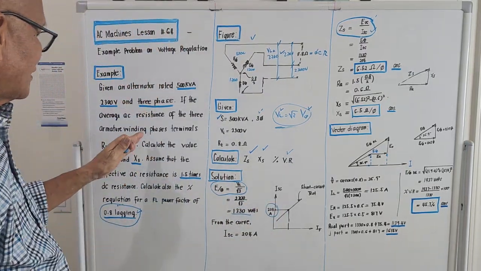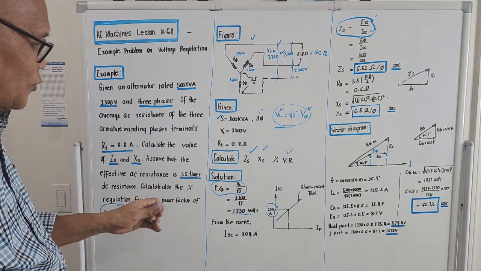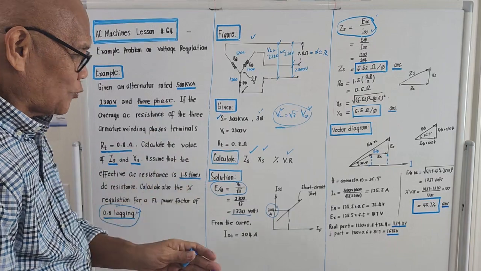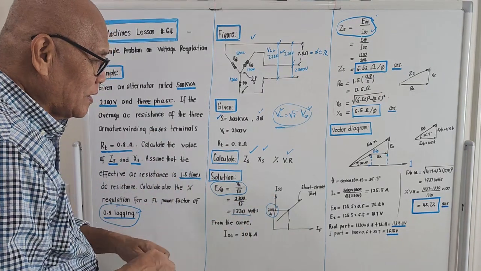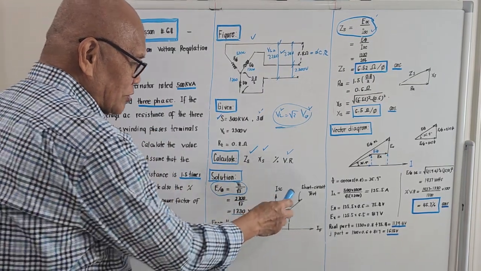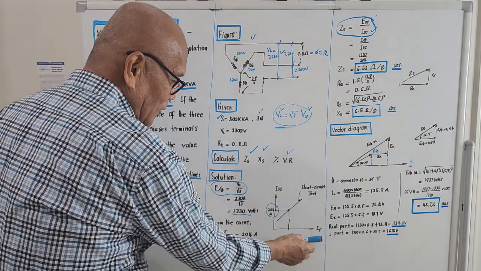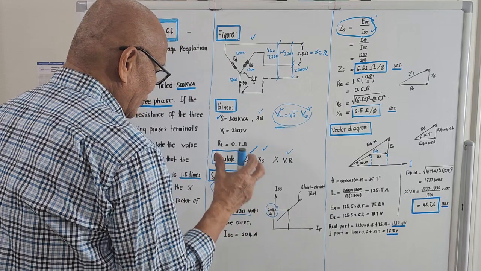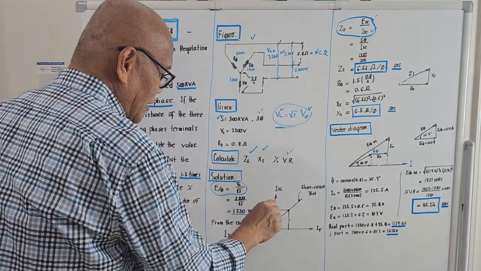It was not given in the problem, but there was actually a graph for this problem, and if we look back on the graph of the short circuit test, which involves the field current, excitation current, and the short circuit current, for this alternator the short circuit current is 204.